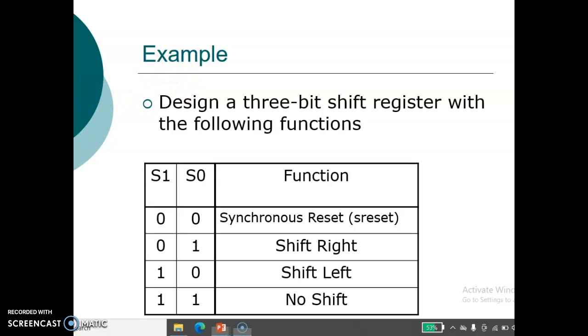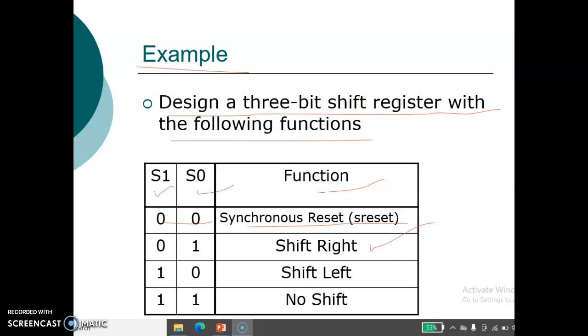Example: design a 3-bit shift register with the following functions. S1, S0 function: 00, synchronous reset, that is SR reset. 01, that is S1 is 0 and S0 is 1, then shift right.